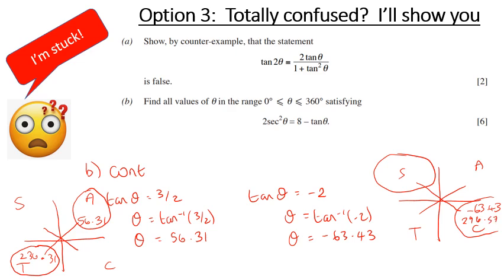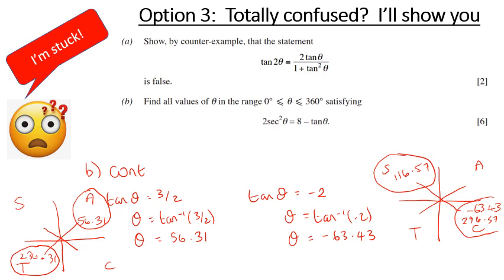Now I'm going to work out the one in the S quadrant. For that one, I need to do 180 take away 63.43, and that is 116.57. So I'm now going to write a final list of answers. I don't want the examiner worrying about that minus 63.43. I want them to know that I know that that's not in the range.